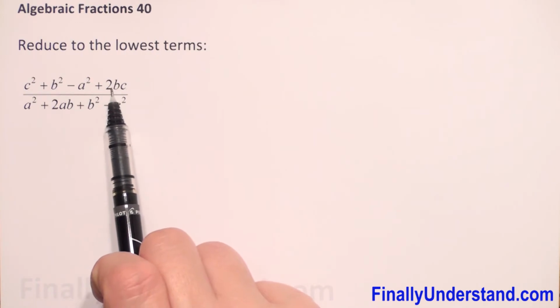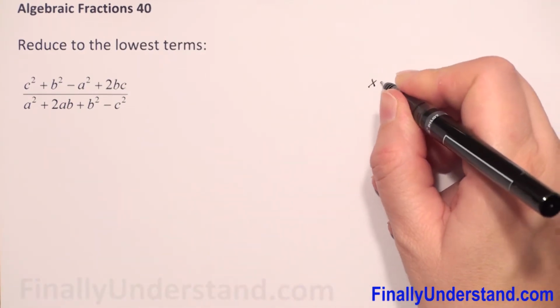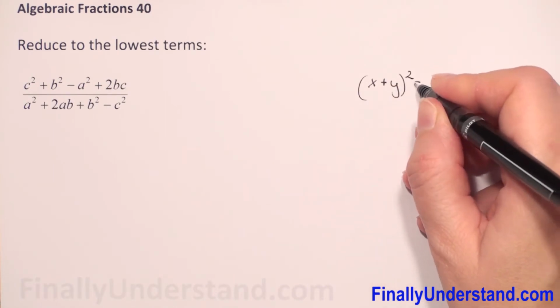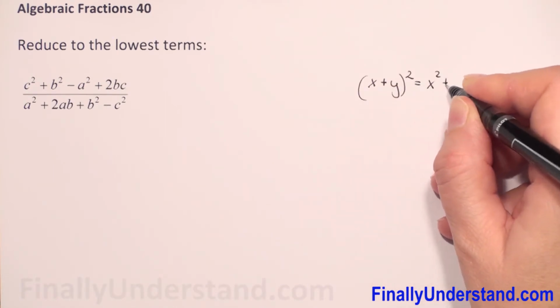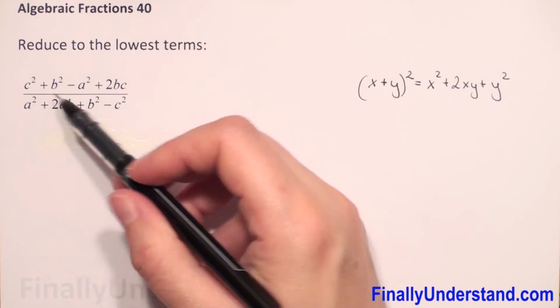This reminds us of the square of a sum formula. Let me remind you, when we have x plus y to second power, this is equal to x squared plus 2xy plus y squared. So first let me organize our numerator.